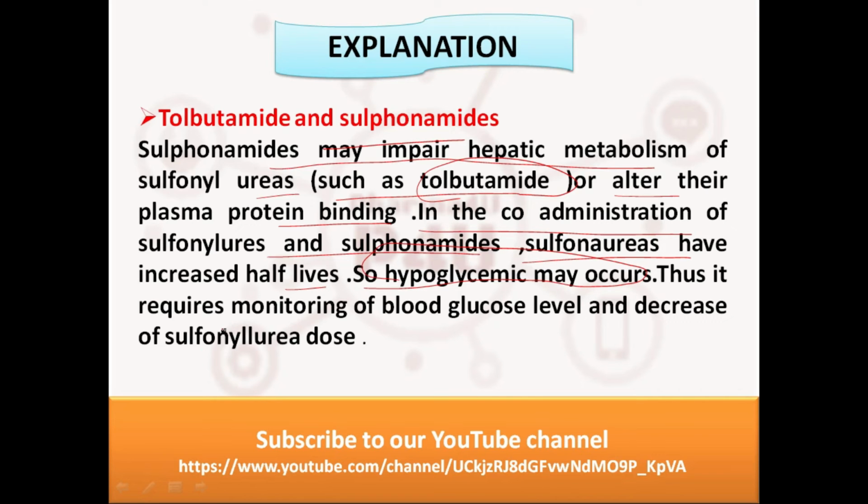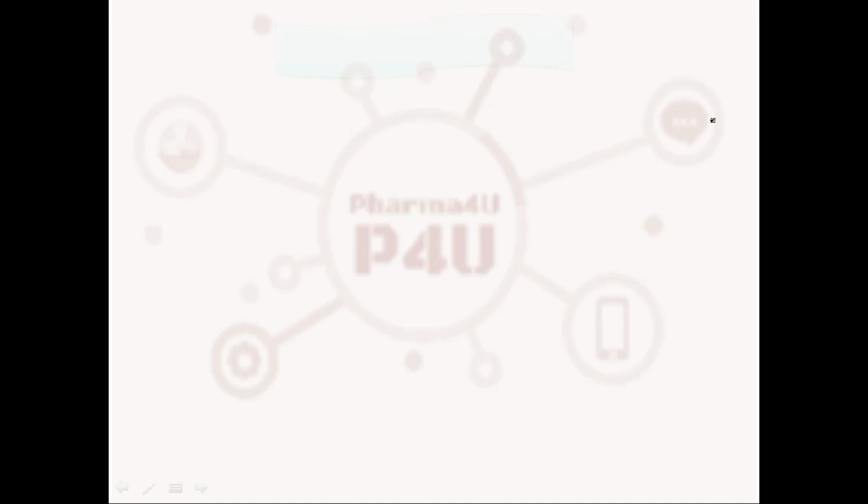So it requires monitoring of blood glucose level and decreasing the sulfonylurea dose. In a very short form, the use in combination leads to hypoglycemia. Hypoglycemia means glucose level decrease.